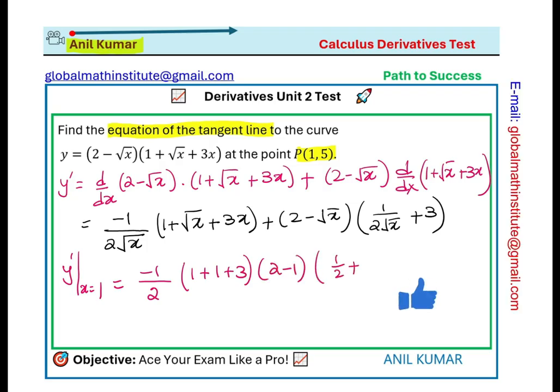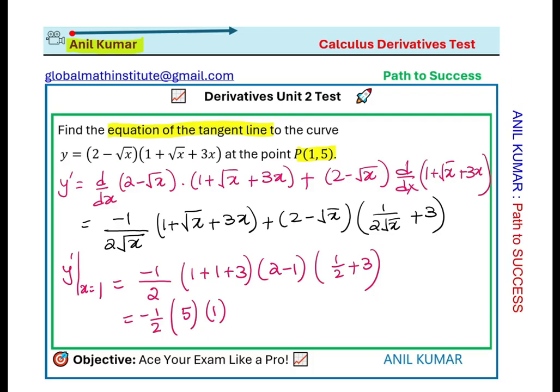So that gives me minus half times 5, and there's a plus in between, I forgot. Okay, so let me write plus in between. Correct. So we get plus 2 minus 1 is 1 times 7 by 2, since 3 times 2 is 6 plus 1 is 7 over 2.